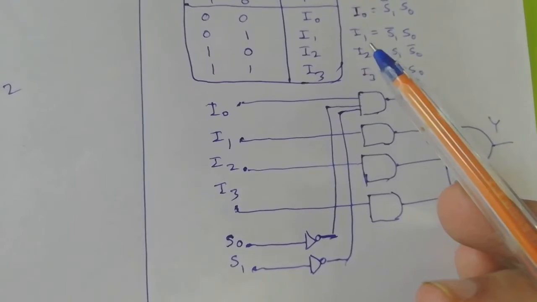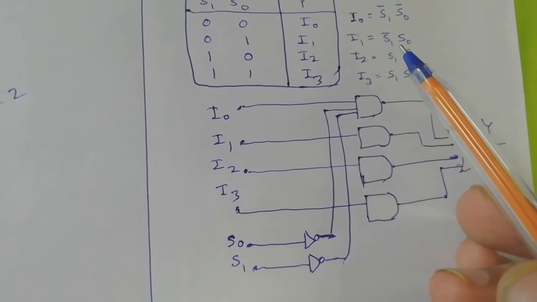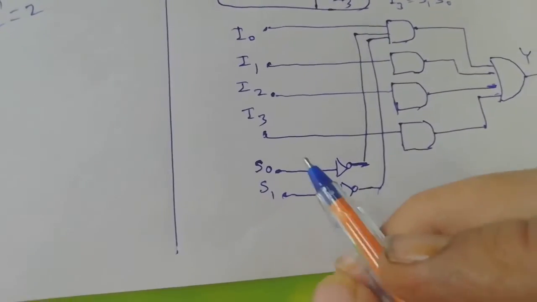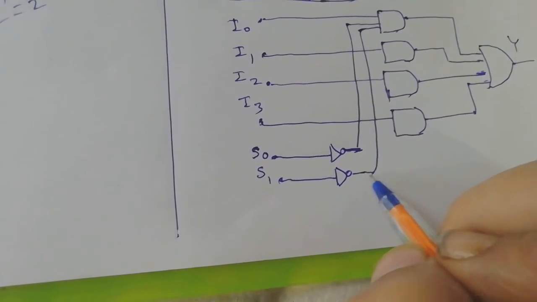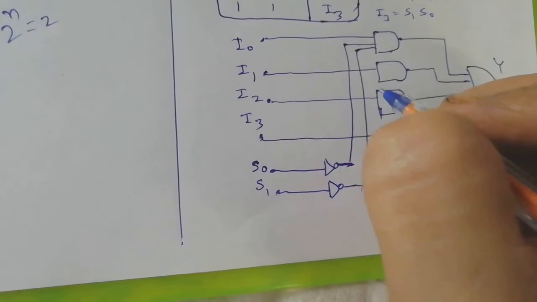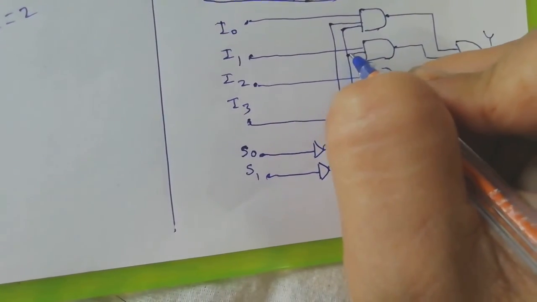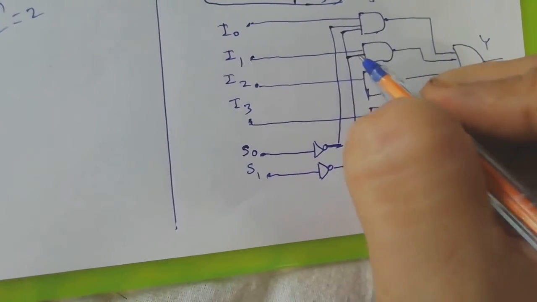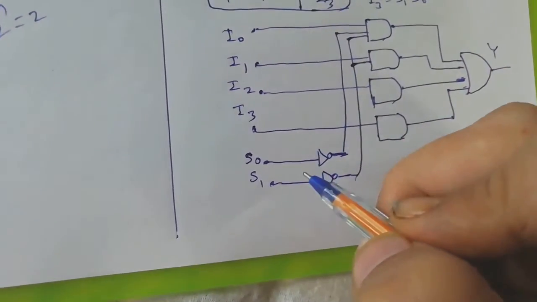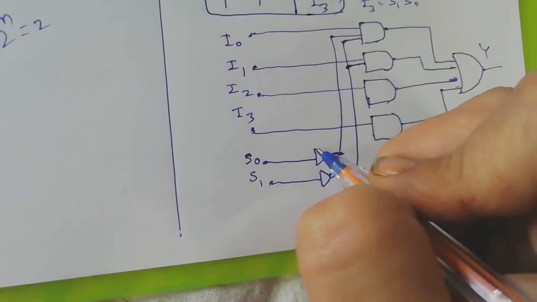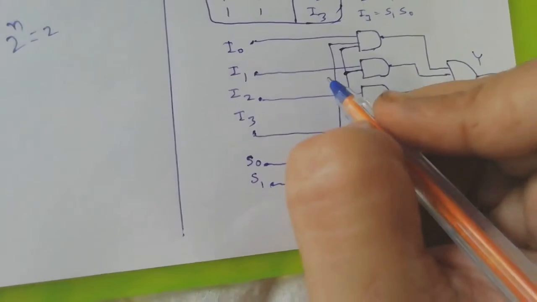Then for I1 it is S1 bar, S0. Here from the NOT gate we are getting S1 bar, so I am taking this S1 bar, and S0 I have to take from before the NOT gate.